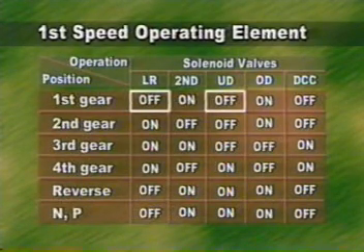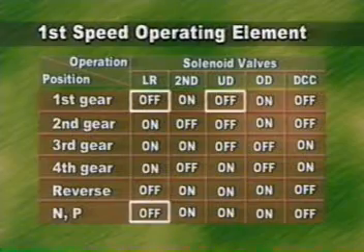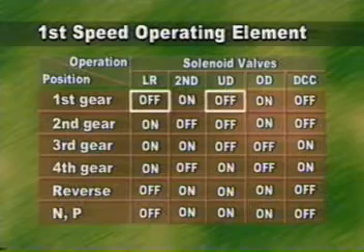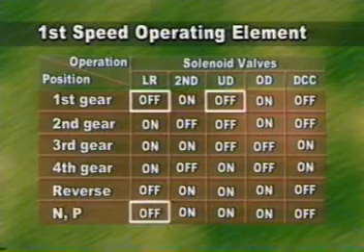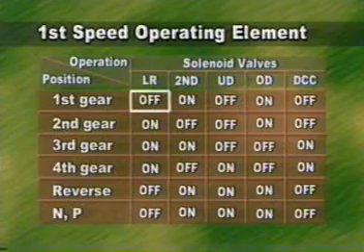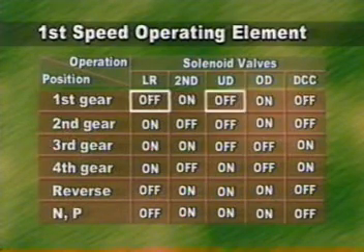However, for the smooth control of N to D shock, low and reverse brake has already been operated in neutral. Therefore, underdrive clutch mainly influences the oil pressure flow.